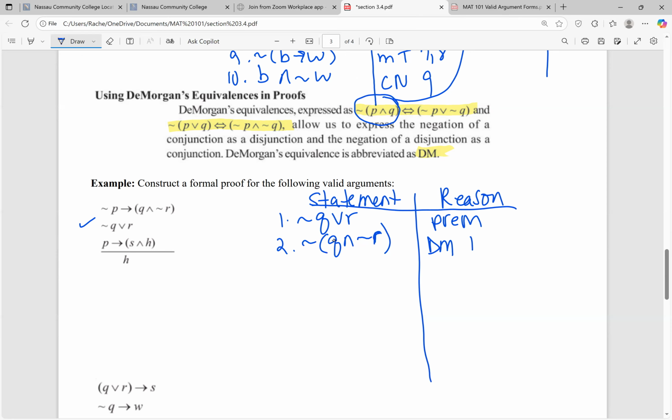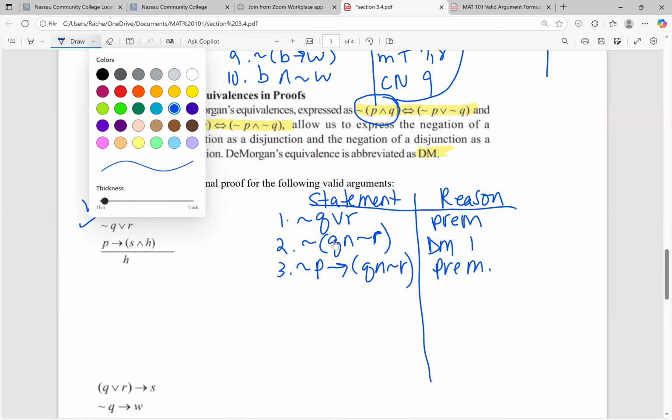So statement 1 and statement 2 are equivalent by De Morgan's. But that was helpful because now look, statement 2 is the negation of the right-hand side of the conditional, right, that I have in premise 1. So I'm going to write down premise 1. So we have not P implies Q and not R.